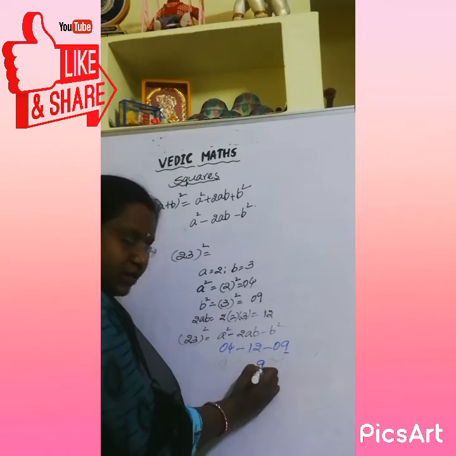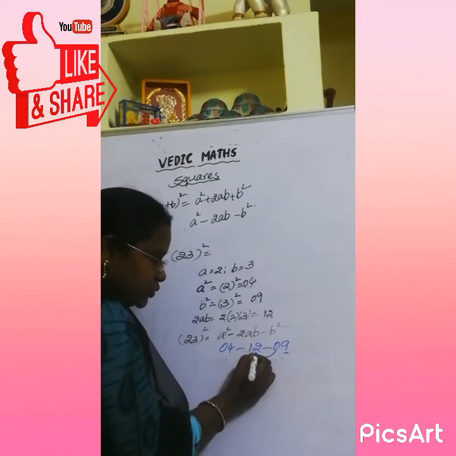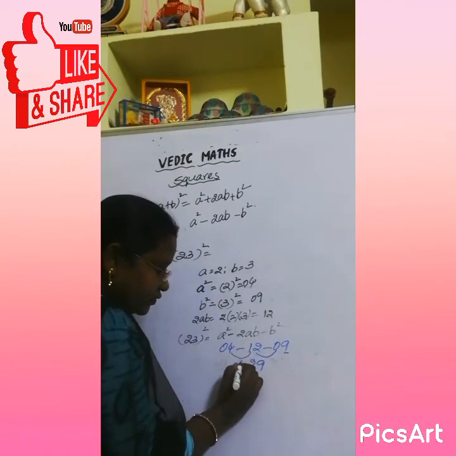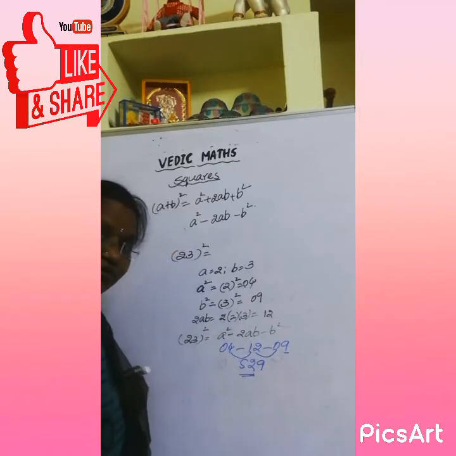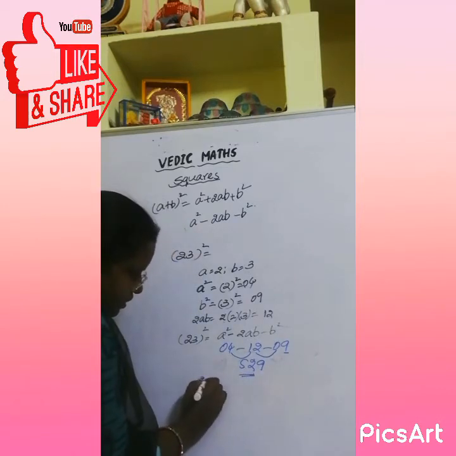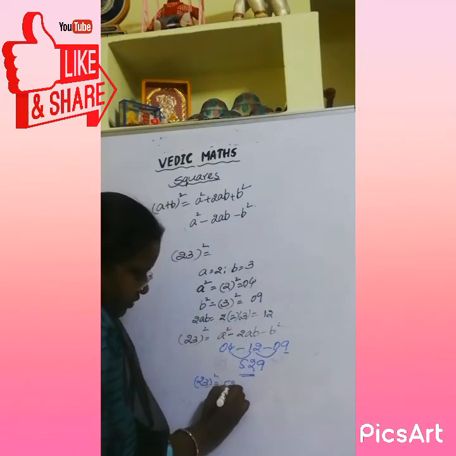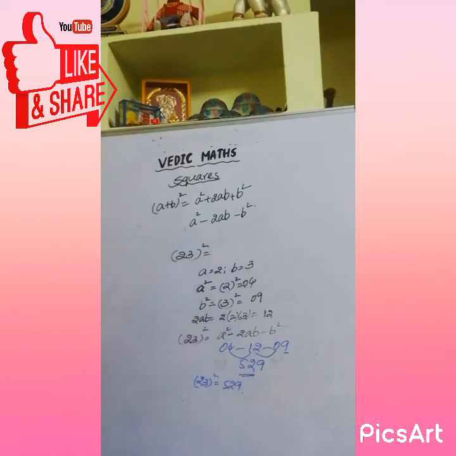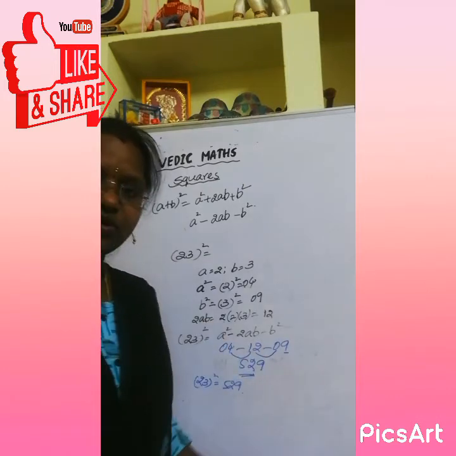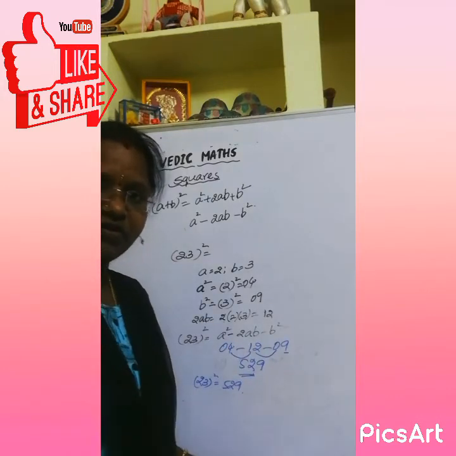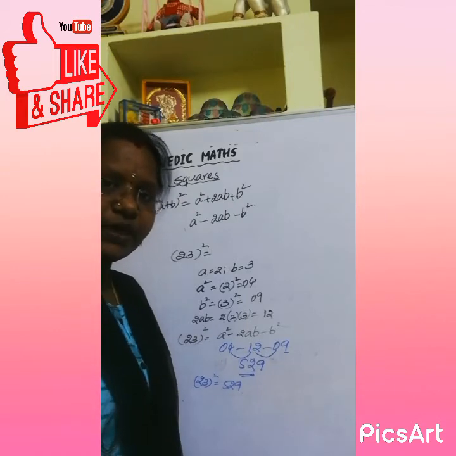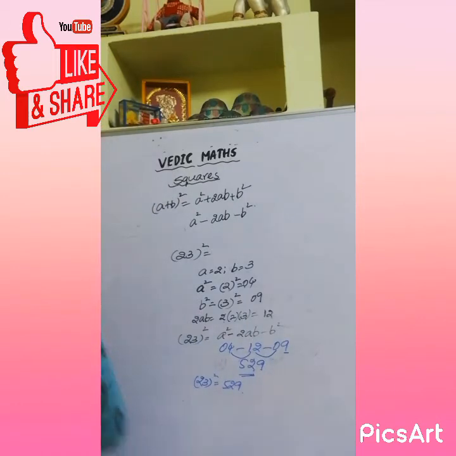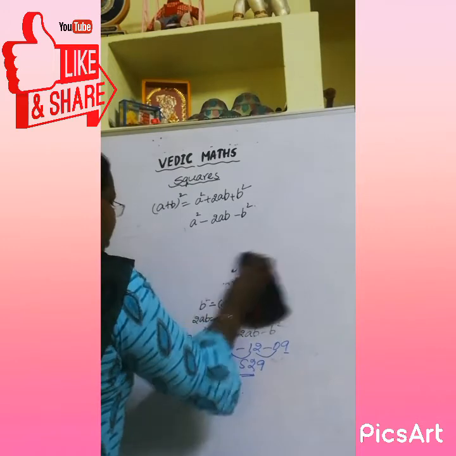Next, 0 plus 2 is 2, 1 plus 4 is 5. So what is our answer? 529. 23 square is 529. So it's very easy, no? Or else we will do 23 into 23. Instead of that, if you know the formula and the balancing, we can do the problem quickly.